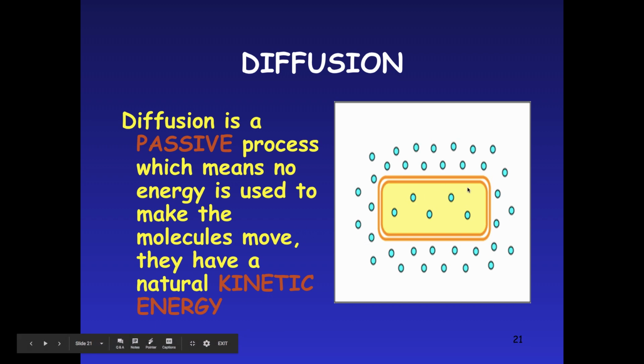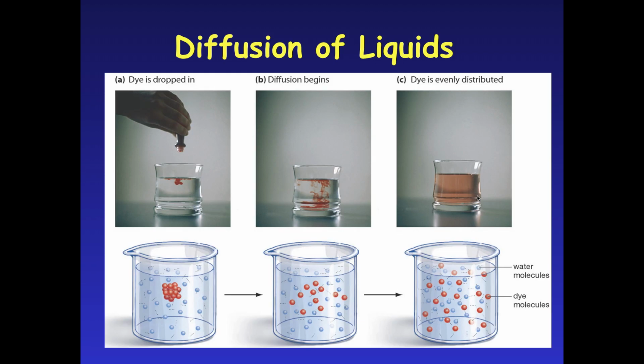Okay? And so here's our picture of the cell. We've got a very high concentration outside of the cell and a very low concentration inside the cell. So these particles are naturally going to want to move in and establish a kind of equilibrium. Okay? So we can see this with food coloring, right?